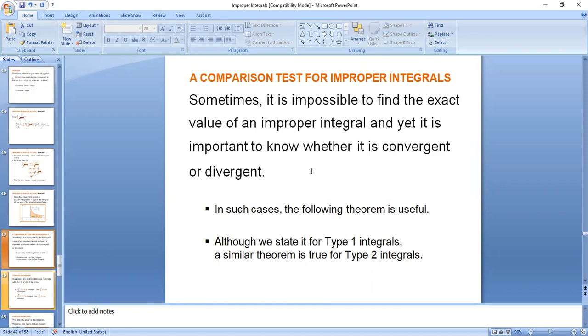In such cases, the following theorem is useful. Although we state it for type 1 integrals, a similar theorem is true for type 2 integrals. So this particular theorem can be applied to both type 1 and type 2 integrals.